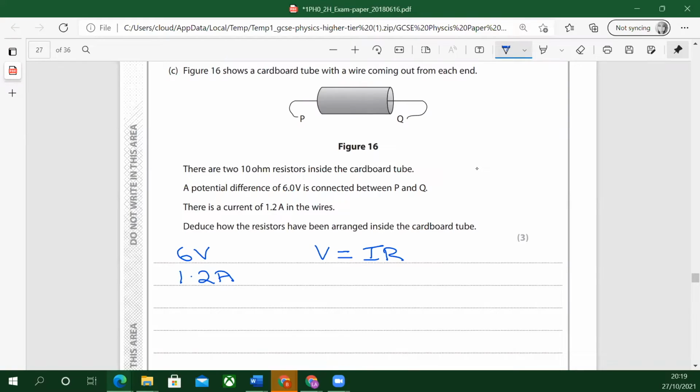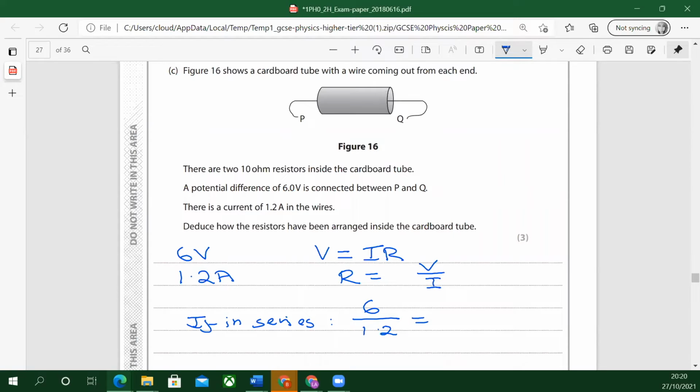Let's rearrange to make R the subject: R equals V over I. But if the resistors are in series, they just add together. So if in series, the resistance is V over I, voltage 6 over 1.2.